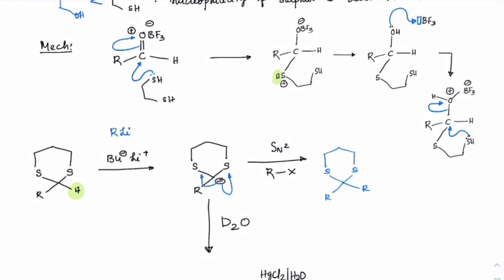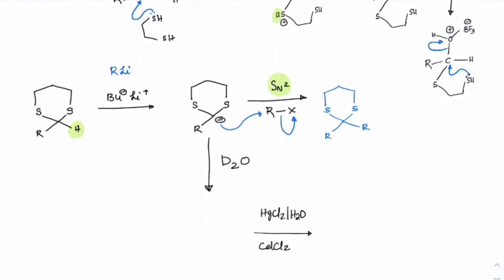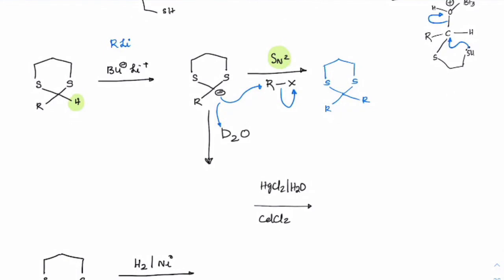So basically this minus will attack here, X minus will leave through SN2 mechanism. This is what we will see. But if you treat that with D2O, that minus will attack on D, extract that deuterium and form this R and D.